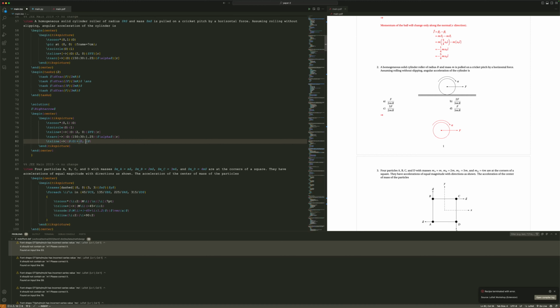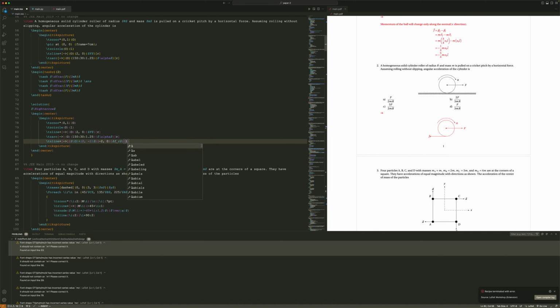So 0 comma -1, and from there we can move -2 units on 0, and if we want relative lining we have to just add it with the line, and now we can put up the friction force, which is Fr. Yes, let's run this, and as you can see, we have to shift this label to the left, and it will be fine, I think. Yes, so this is the friction force, and in the forward direction we are seeing the force.